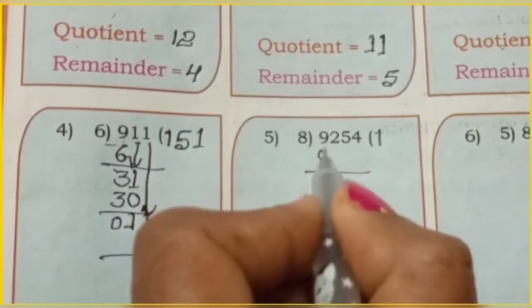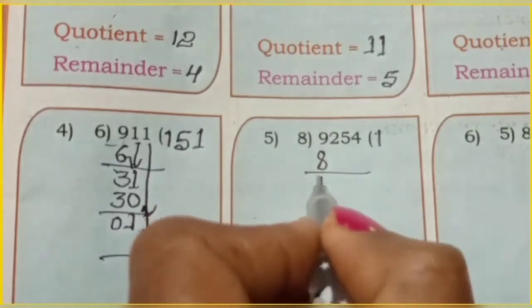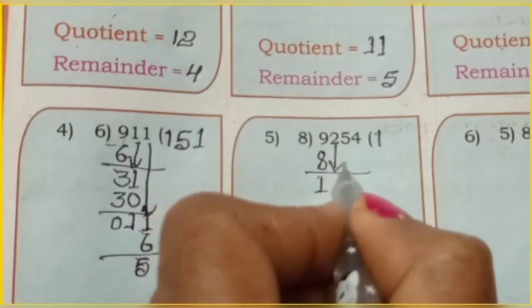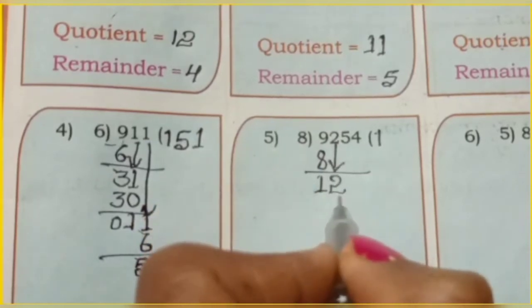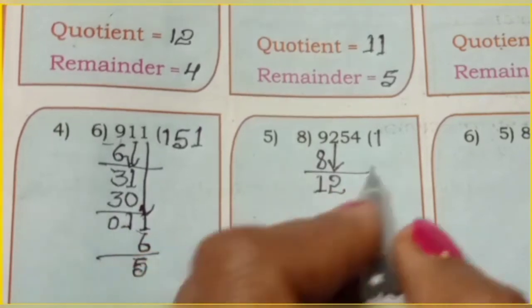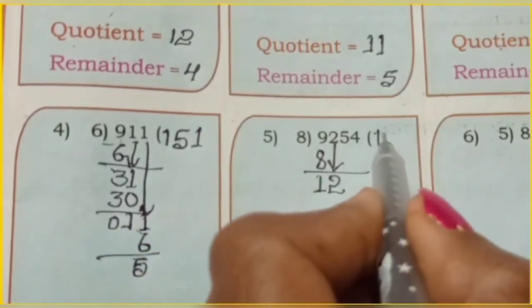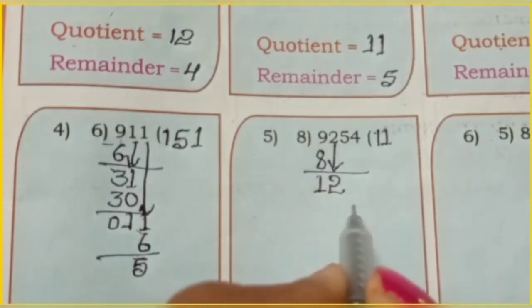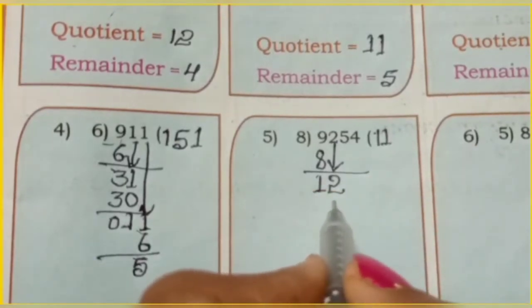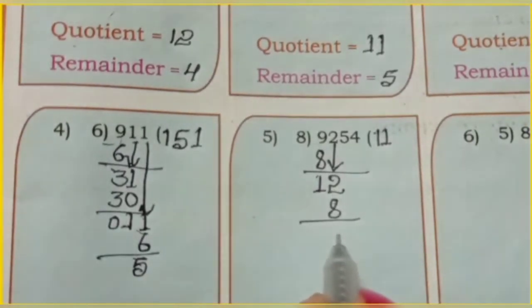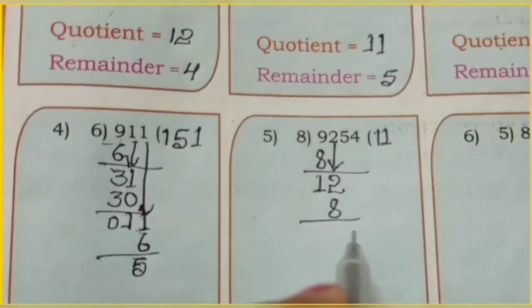Now subtract it. 9 minus 8 is 1 and bring down 2. Now divide 12 by 8. Again we divide one time. 8 ones are 8. 12 minus 8 is equal to 4.